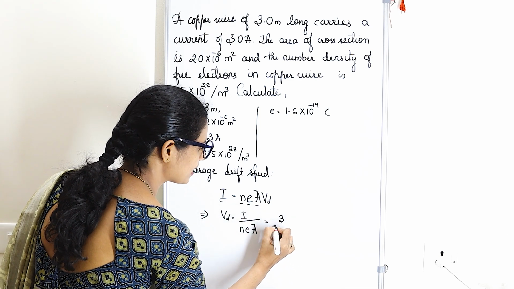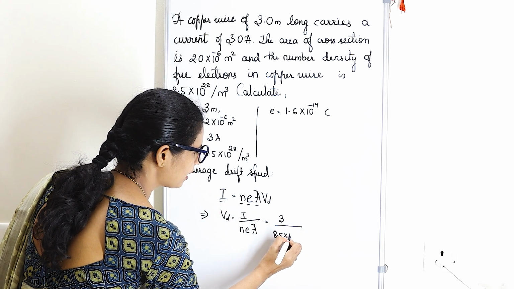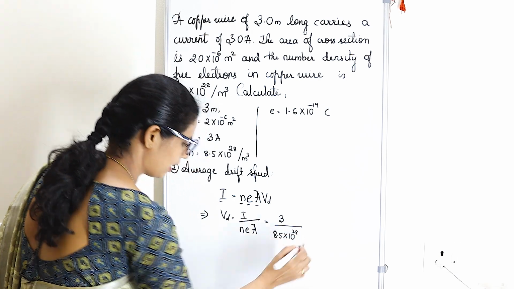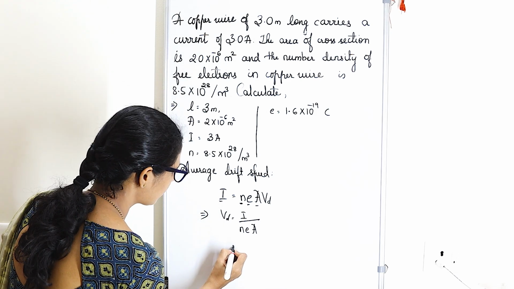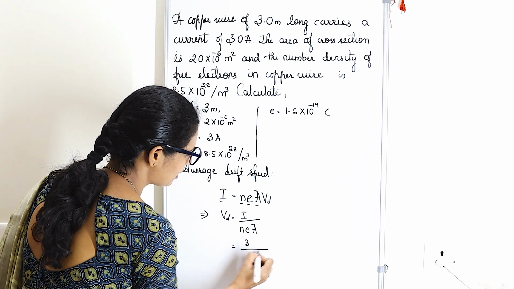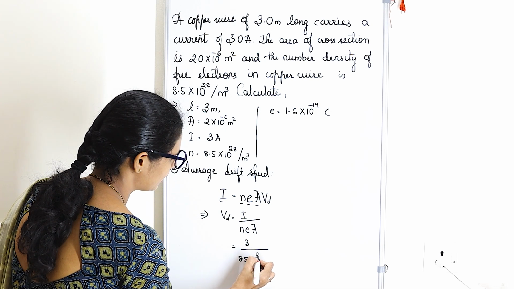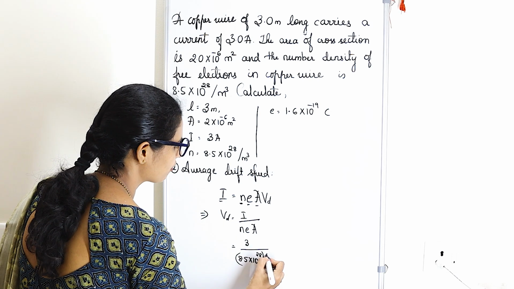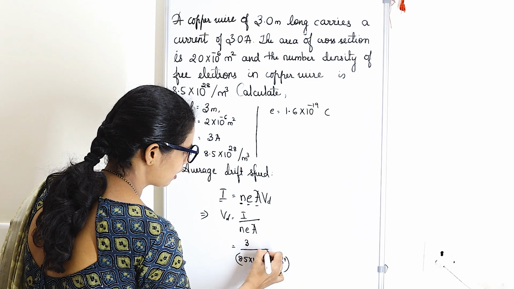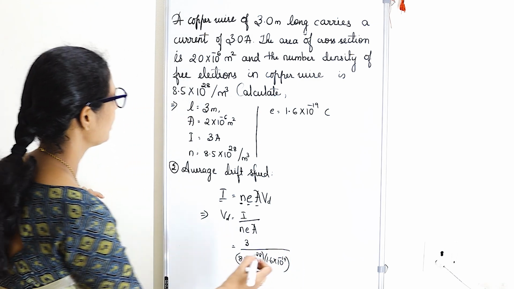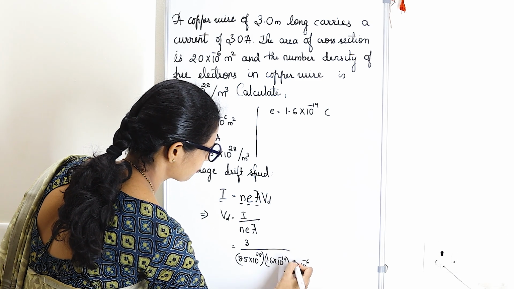The value for current is 3, divided by number density, which is 8.5 into 10 to the power of 28, and then there is the charge of an electron, that is 1.6 into 10 to the power of minus 19. Then there is area. What is area? Area is 2 into 10 to the power of minus 6.